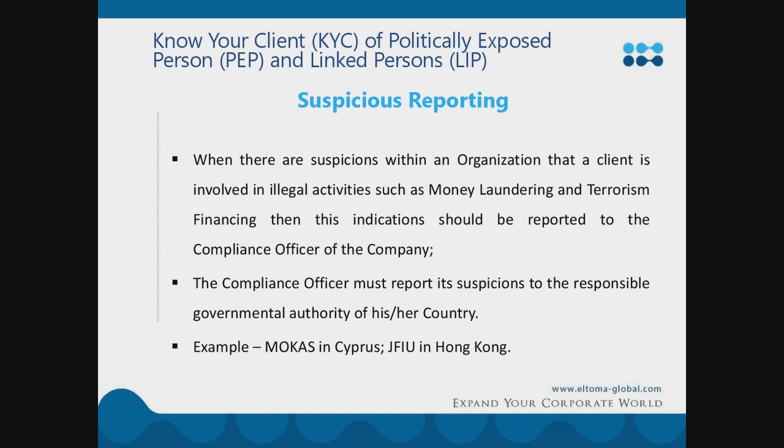After this, the compliance officer reviews this and all available information, and after this, he will make a decision, should the company report about this client or not. Maybe this suspicion was false and there is no proof of such suspicion.